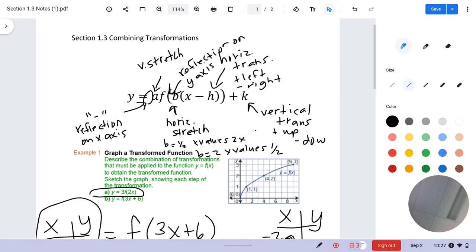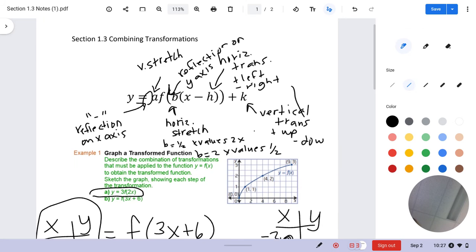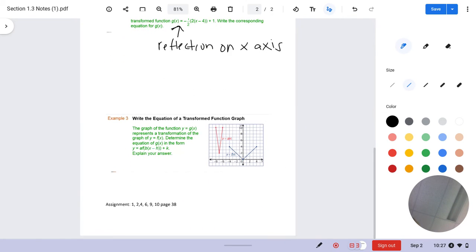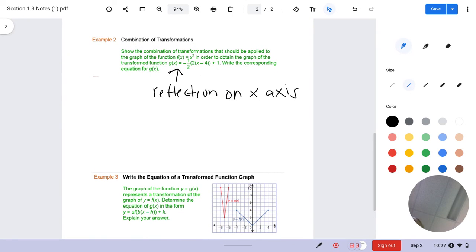And it would change your x values. Okay, I forgot to put that in there. So this is a reflection on the x-axis, so it's going to change all our y values here.